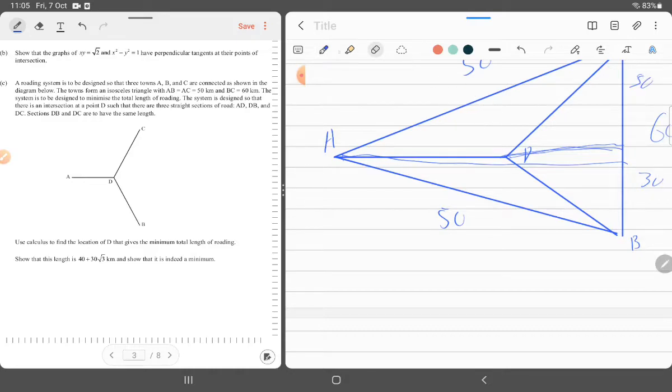Then let's name this, let AD equal to X. So we've named this to be X. Use calculus to find the location of D that gives the minimum total length of loading.